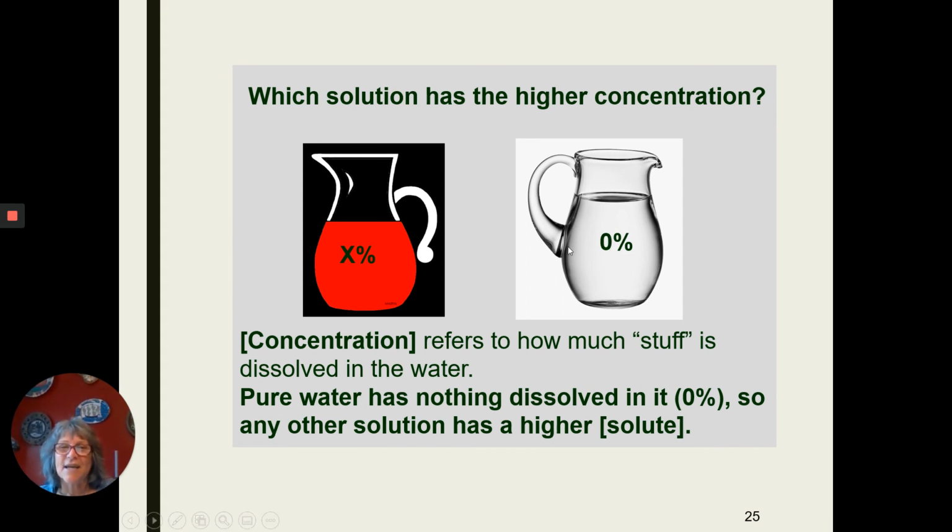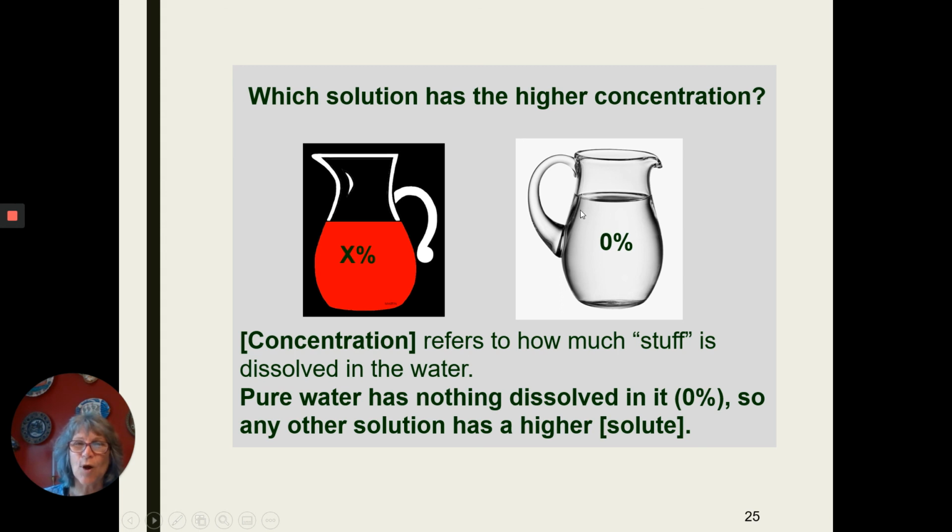In this case, I have water, which I know is a 0% concentration because it's water, and the concentration refers to how much stuff is dissolved in the water, whether that's sugar, salt, amino acids, anything. These brackets here are a chemistry way to indicate concentration so that I don't have to write that word out all the time.